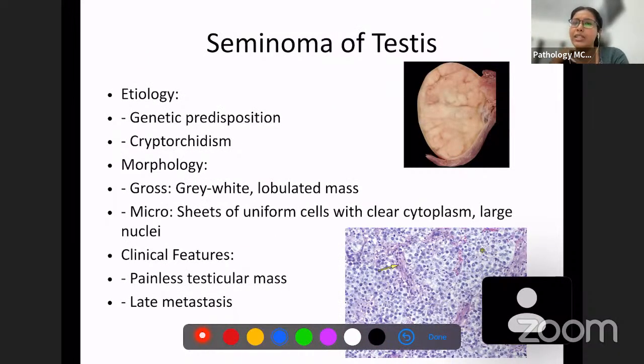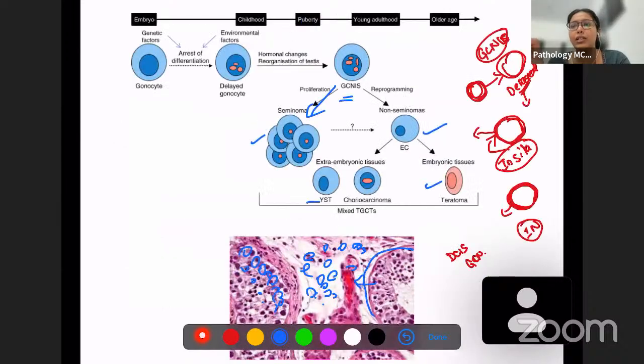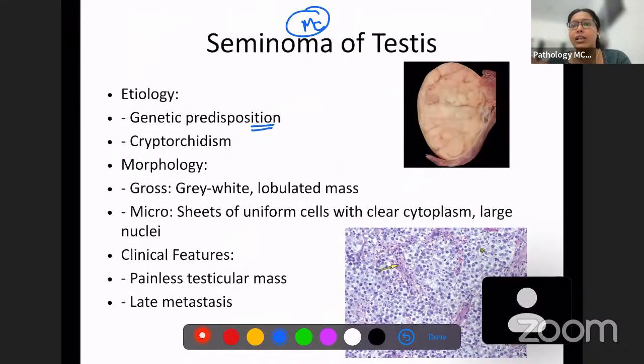So now we'll discuss each and every testicular tumor. First and foremost, the most common tumor of the testis is seminoma. And seminoma has a genetic predisposition, and we saw it was related to germ cell neoplasia in situ, and then cryptorchid testis. Seminomas usually arise in cryptorchid testis. So what is cryptorchidism? Usually in embryonal stage, you must have read in your anatomy that testes are present in the abdominal cavity.